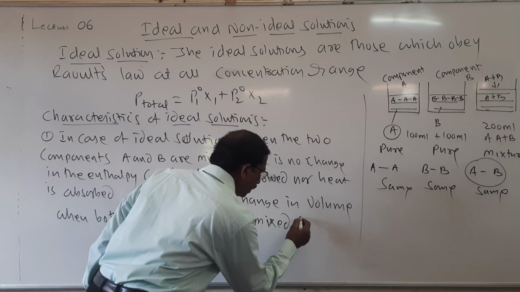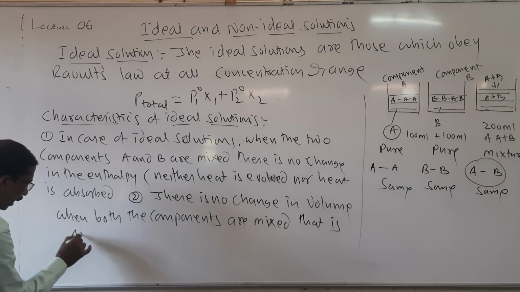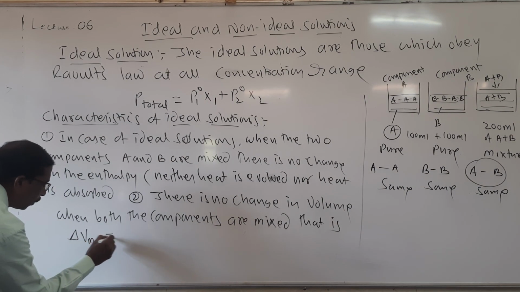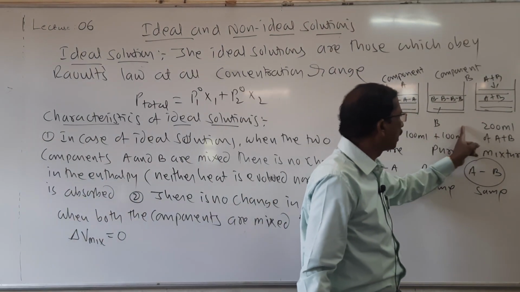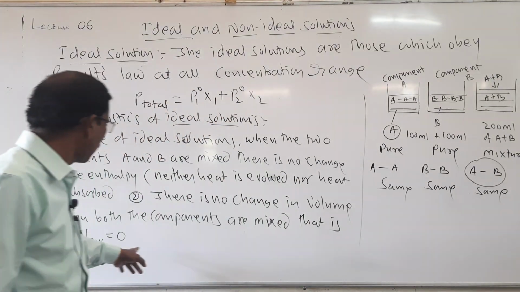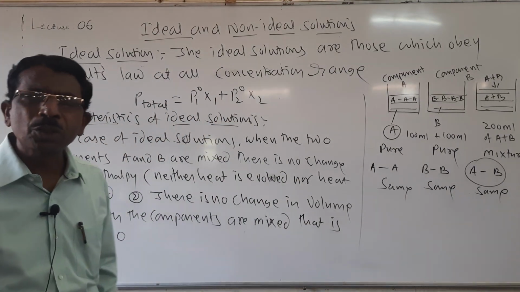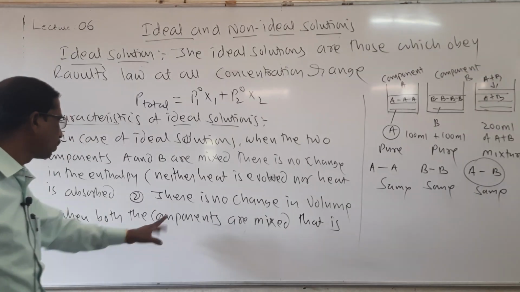That is, delta V mix is equal to 0. So here 100 ml of this gives exactly 200 ml, there is no change in volume. Delta V mix equal to 0 means there is no change in volume.